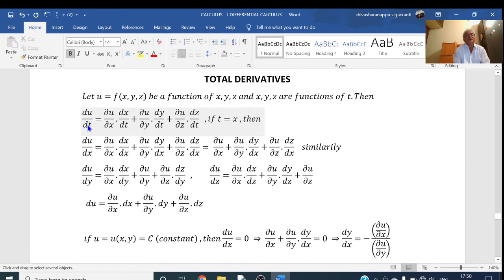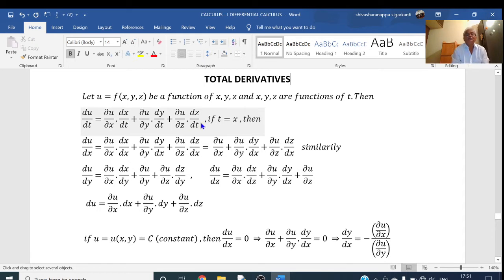To find du by dt, u is a function of x, so first we write dou u by dou x into dx by dt, plus, u is a function of y, so dou u by dou y into dy by dt, plus, again u is a function of z, so dou u by dou z into dz by dt. So this is our du by dt.